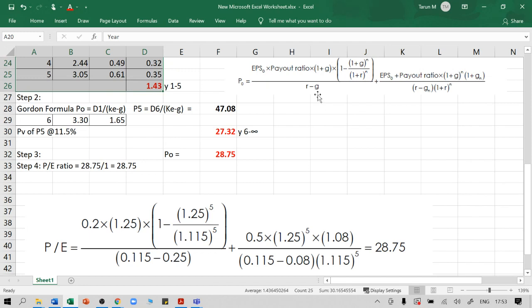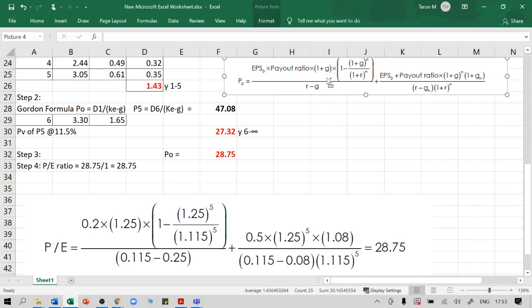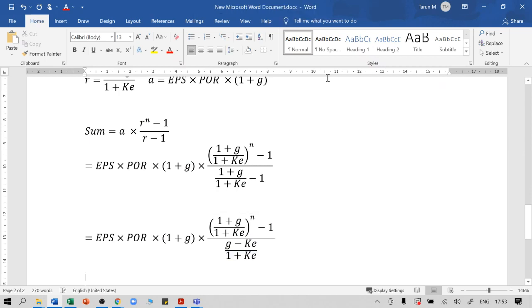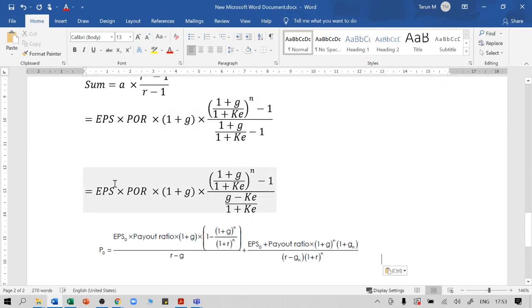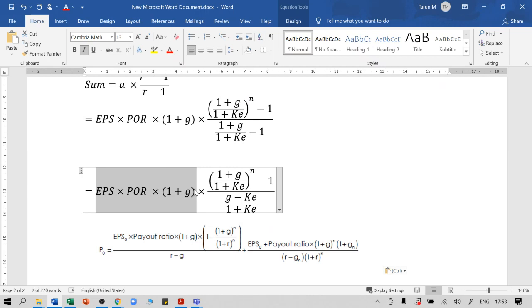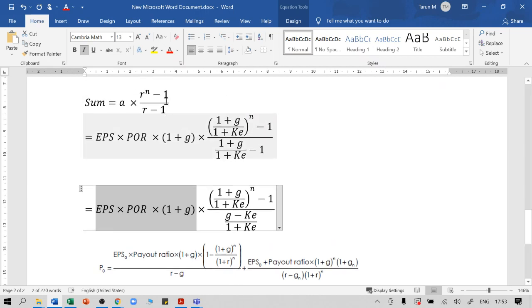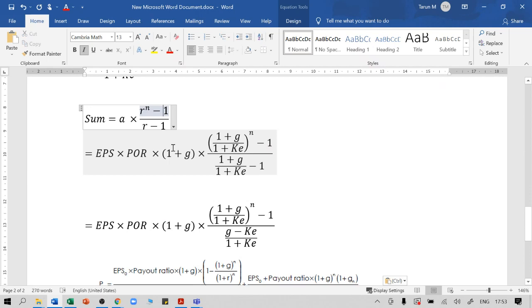Now let's compare this with this part of the formula. EPS is there, then there is the payout ratio, then there is 1 plus growth rate. This part is the same. R minus G or K minus G, that we can reverse, because what they have done is used this formula in this manner. There are two formulas for GP, in fact. One formula looks like this: 1 minus R to the power n, and then here it is 1 minus R. So accordingly I'll modify this also.